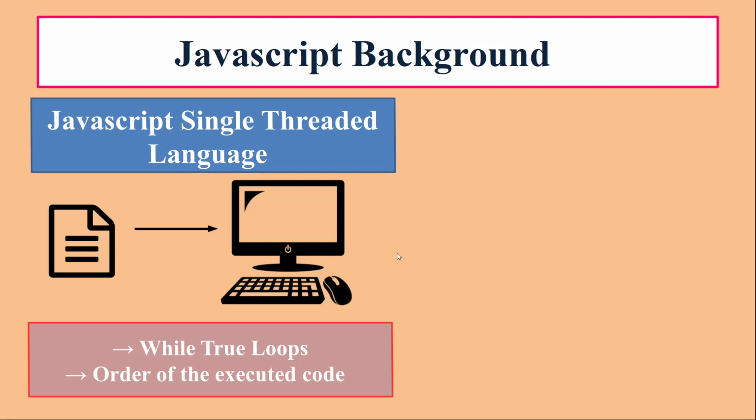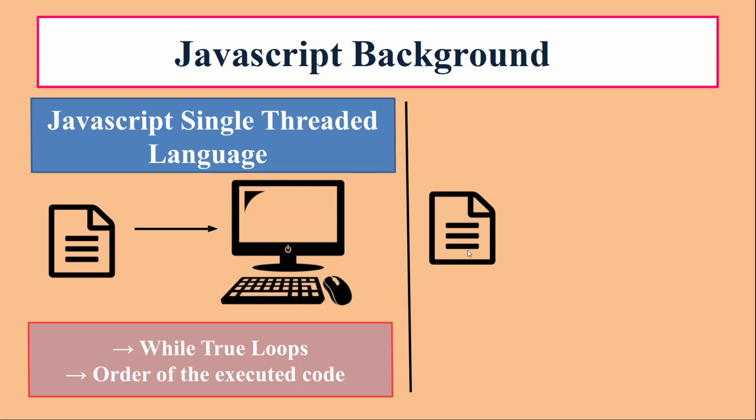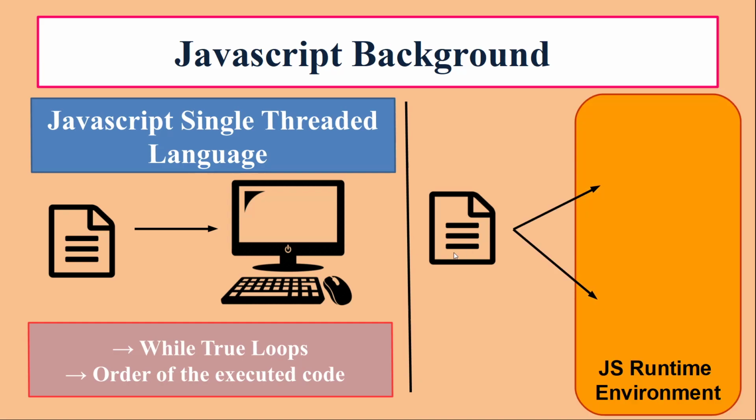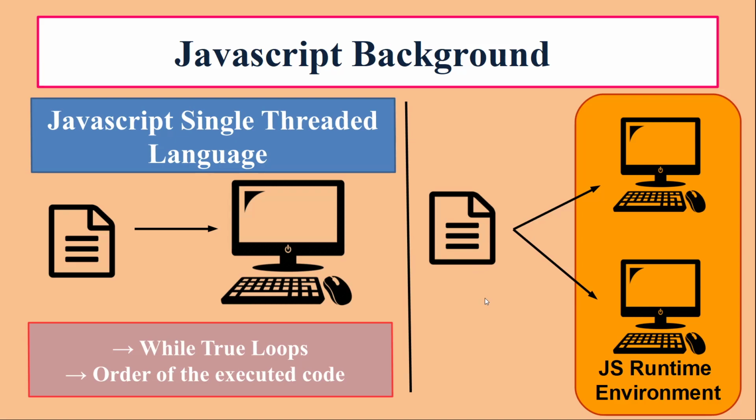Well, the reason for this is actually, even though it's processed by a single-threaded language, in the browser they have a JavaScript runtime environment, and you actually have two sections. One section is the JavaScript engine, and this JavaScript engine is single-threaded. And so it executes that line by line.